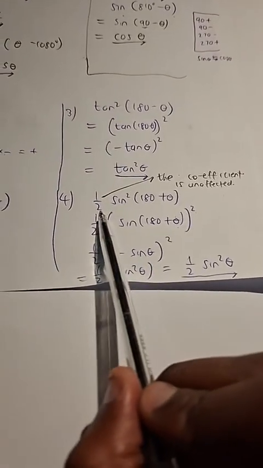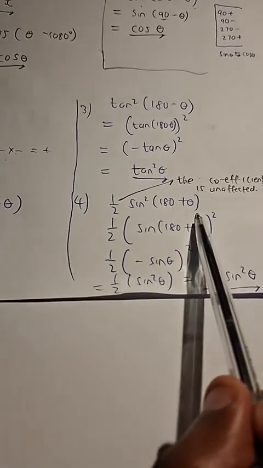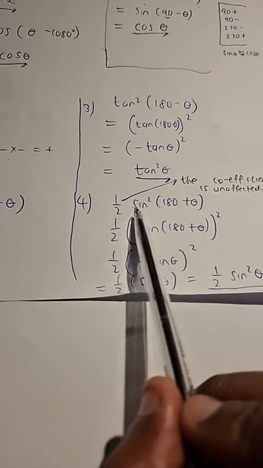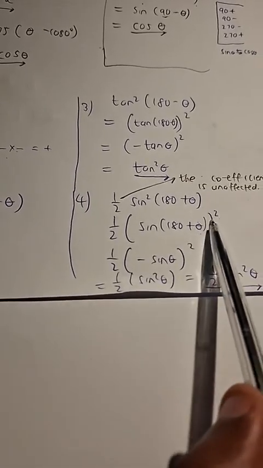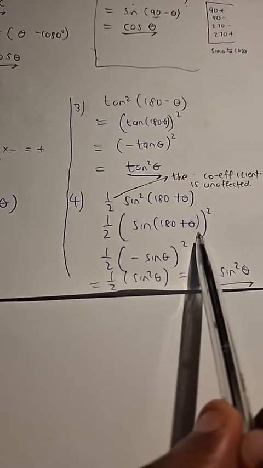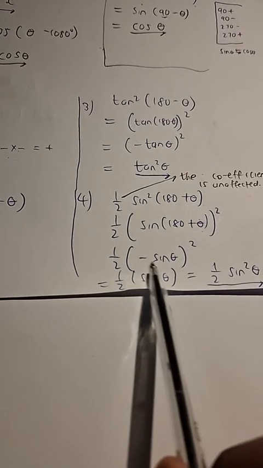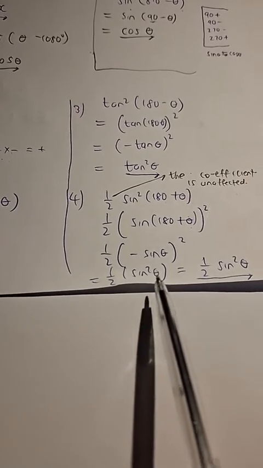And then look at this one. There is a coefficient, a half, preceding the sine squared of 180 plus theta. So same thing, you put the square outside the trig ratio, you evaluate what's inside, you get a negative sine theta, you apply the square, and then you get a positive sine squared theta.